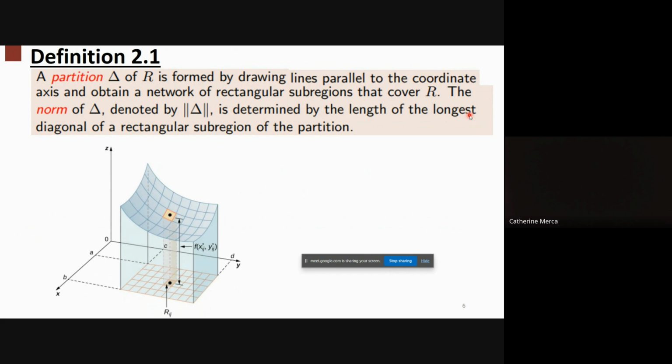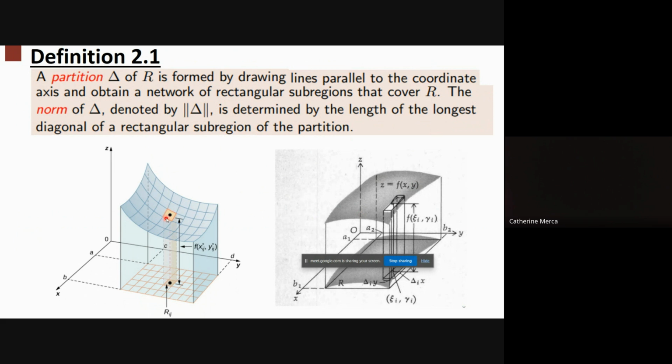So when we talk about partition delta this time, we have lines parallel to the coordinate axis, and you have there the norm of delta, the length of the longest diagonal.